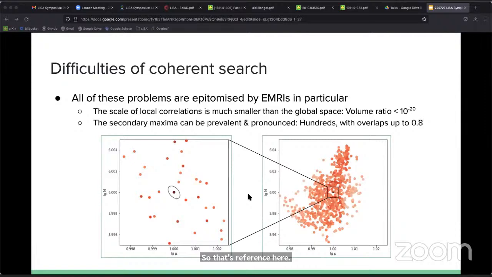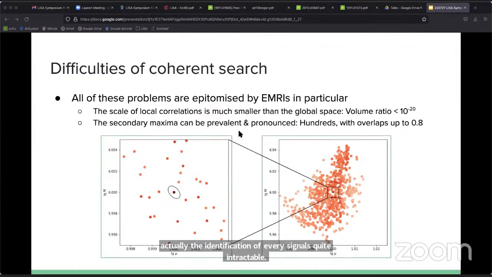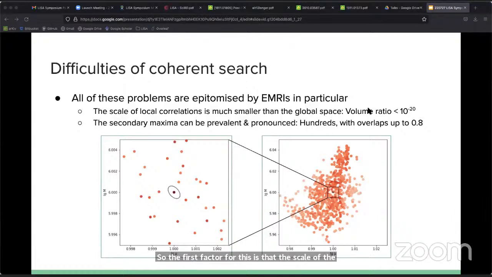Okay, so all of these difficulties are essentially epitomized by MREs in particular. And that actually makes the identification of MRE signals quite intractable. So the first factor for this is that the scale of the region we need to find for MREs is at least 10 to the 20 times smaller than that of the full space. And second, the secondary maxima in the search surface can both be very prevalent as well as very pronounced.